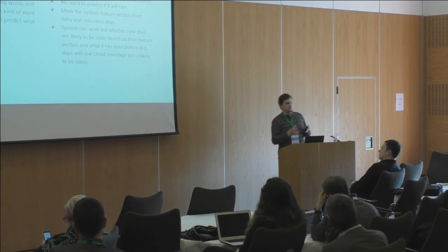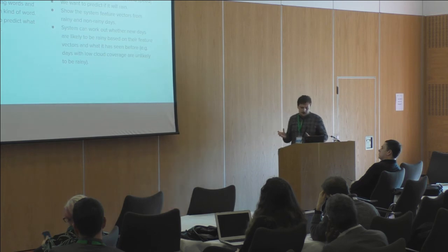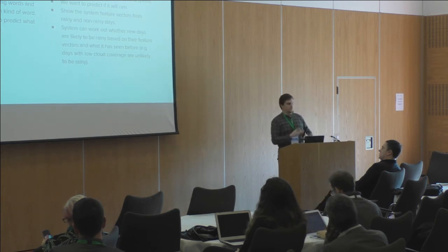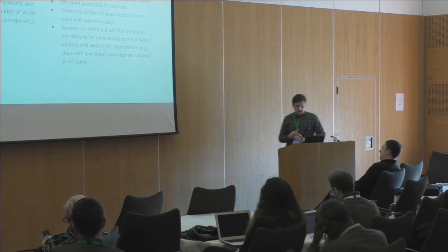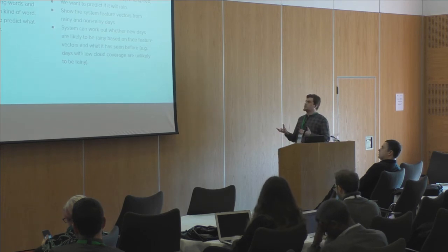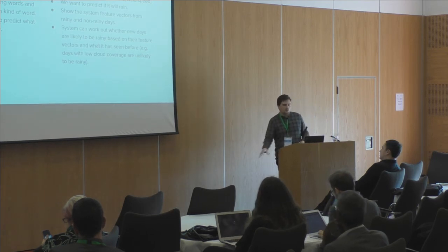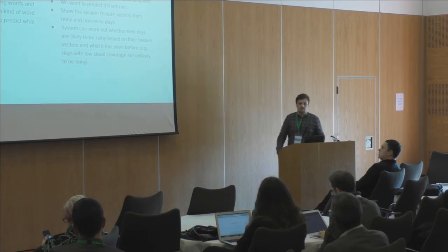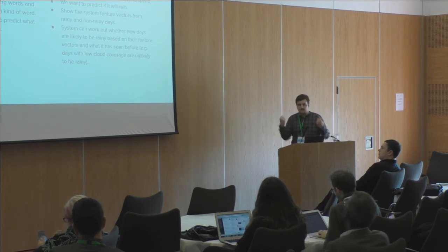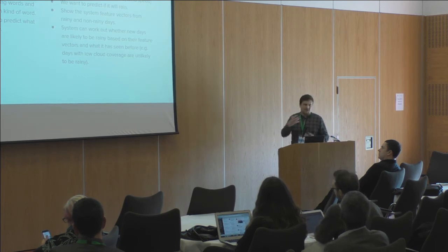So say we want to predict whether it will rain on any given day, and we've got 3 features for each day. We've got cloud coverage, temperature, and wind speed. So what we do is we basically show the system a bunch of features from rainy days, a bunch of features from non-rainy days, so it can work out, right, a day that's got tons of cloud coverage, low wind speed, maybe a bit cold, that's likely to rain.